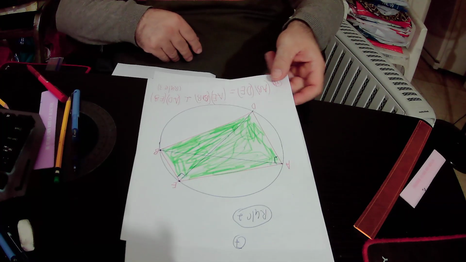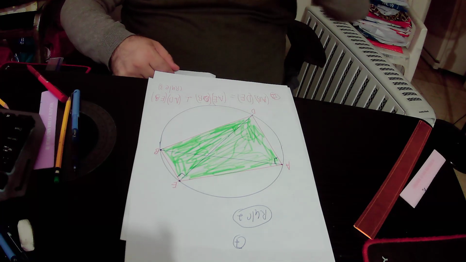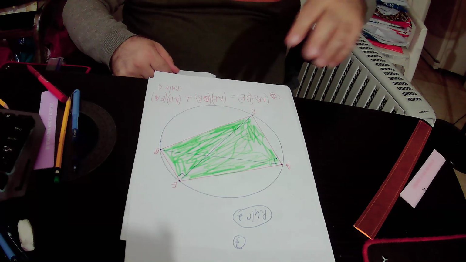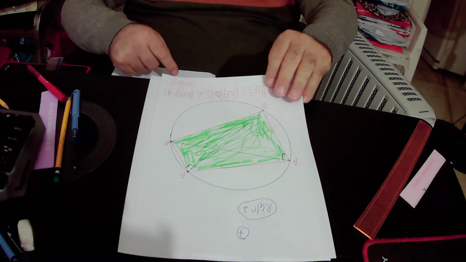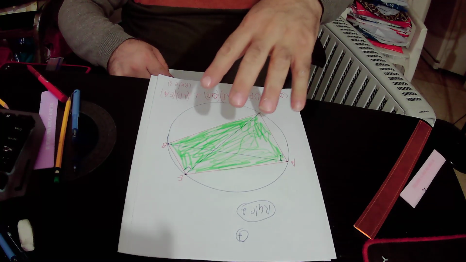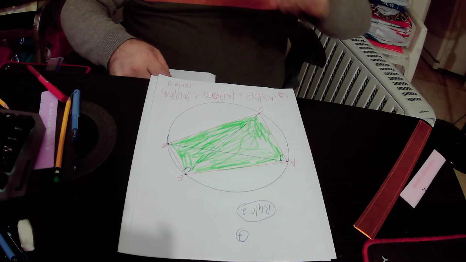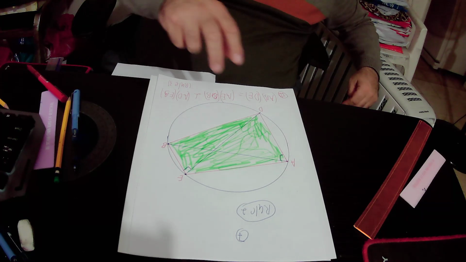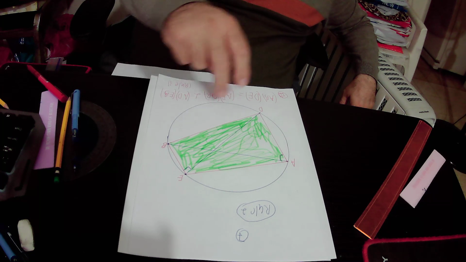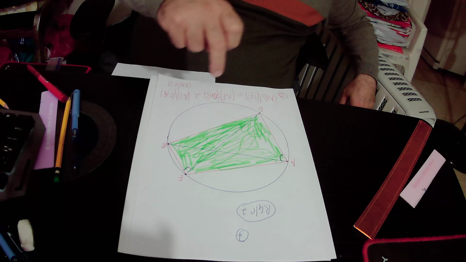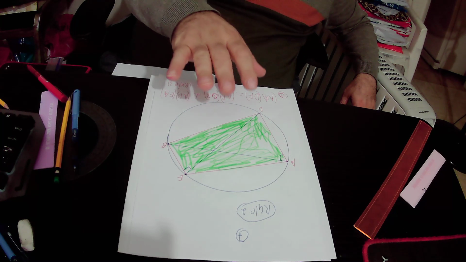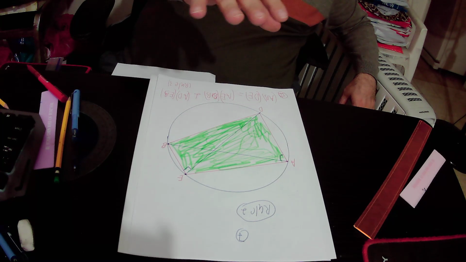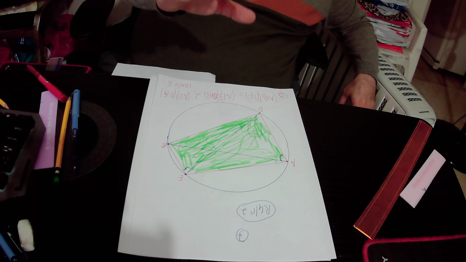We arrived to this drawing by implementing rule number 2 in the original drawing. So we have quadrilateral AEBD in the green color that is inscribed by this blue circle. So you can see that you can implement rule number 3 in this drawing.